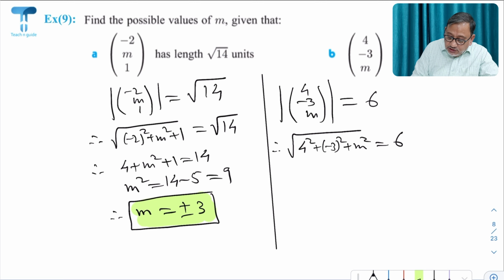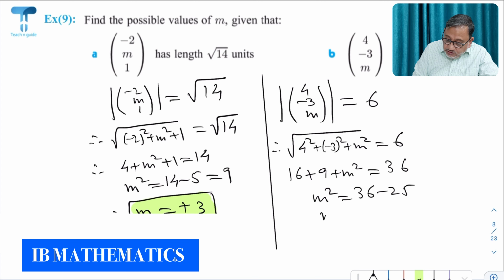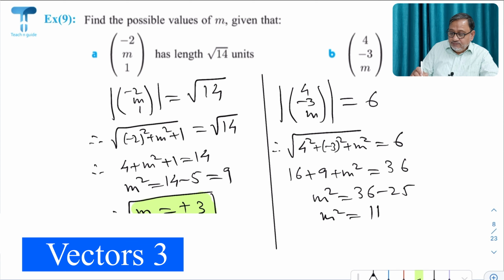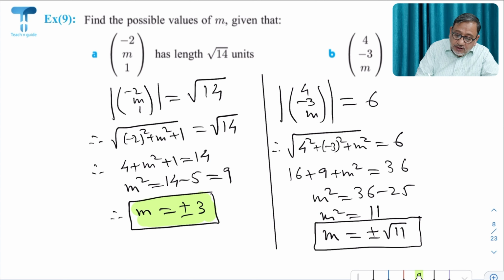On squaring both sides, 16 plus 9 plus m squared is 6 squared, 36. 16 and 9 is 25, so it will go there. So 36 minus 25, m squared will be 11, right? So m will be plus or minus the square root of 11. So this is the answer for m, again, for the other vector.